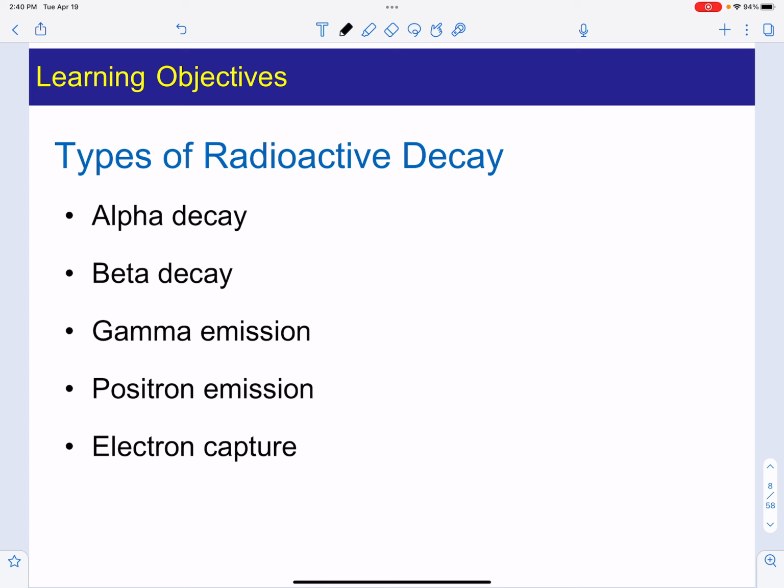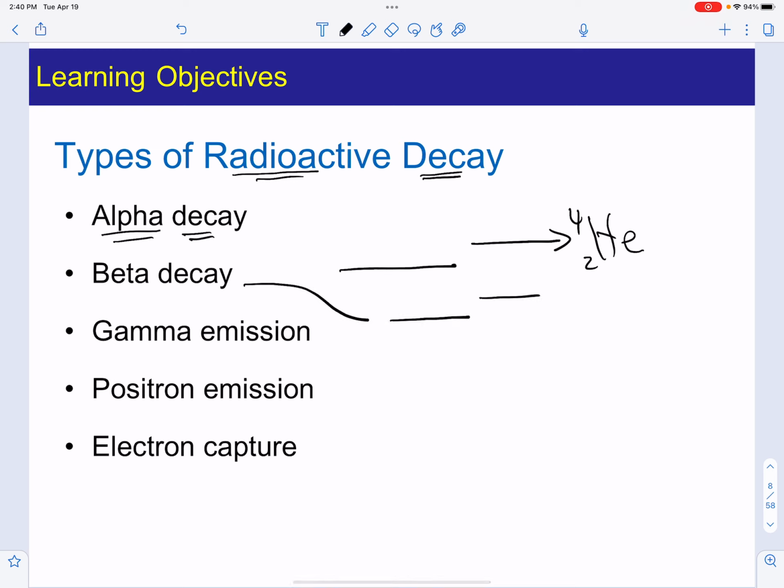So how do we relate this to radioactive decay? Well, if we talk about alpha decay, that means that something releases an alpha particle. If we're talking about beta decay, that means that something is releasing a beta particle.